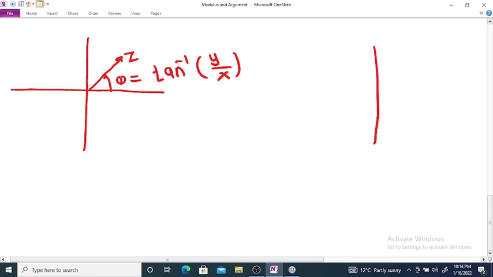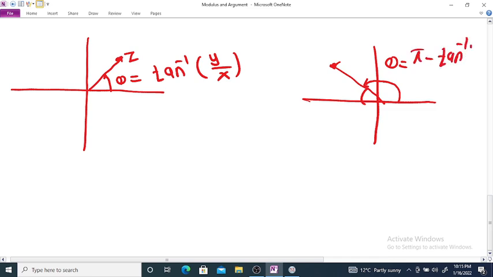If it lies in the second quadrant, then this is tan inverse of y by x. But since we want the angle with respect to the positive x-axis, the principal argument theta can be calculated as theta is equal to pi minus tan inverse of mod of y by x.